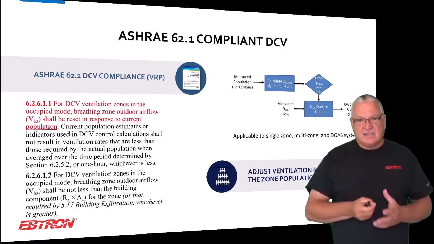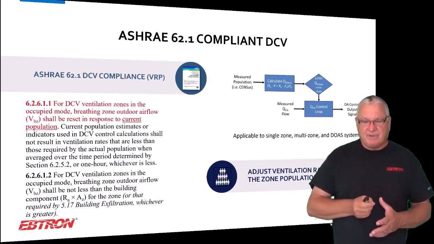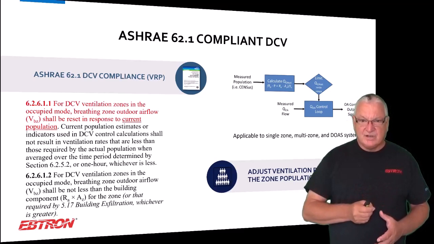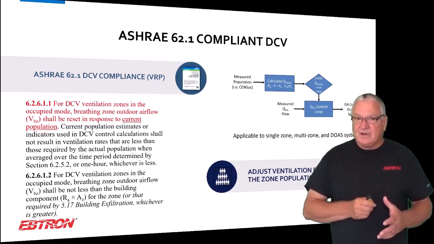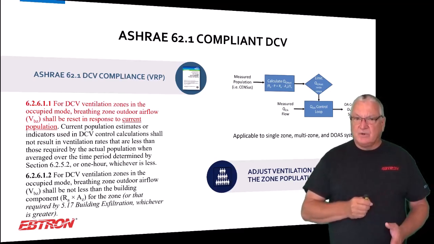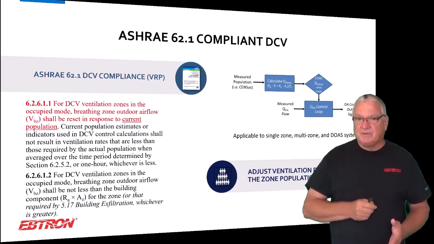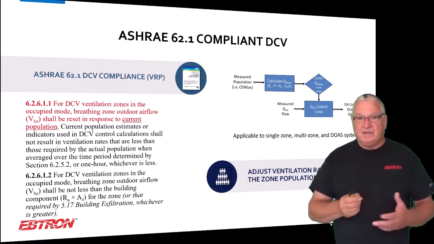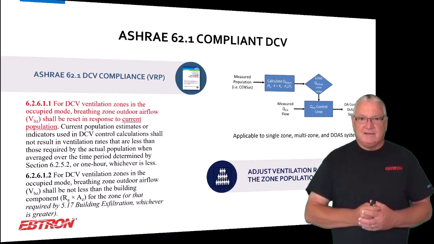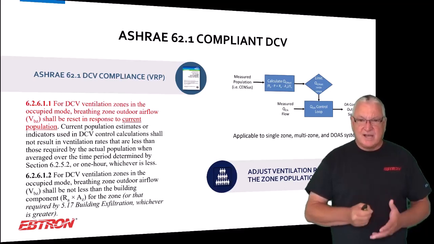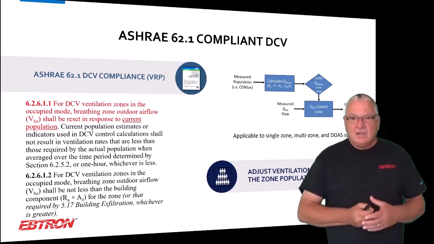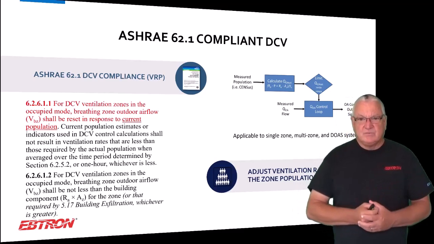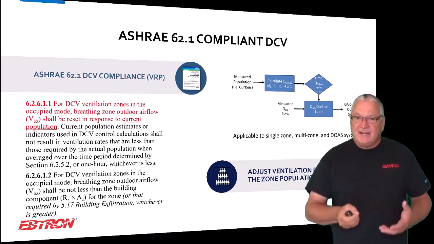It's always good to set limits in case your population counting devices have errors. So you may have a lower limit that has to do with exhaust that has nothing to do with population, and the upper limit, if you've hit the design outdoor air, the design population, you're good to go. So you set limits, and then you have an outside air set point.